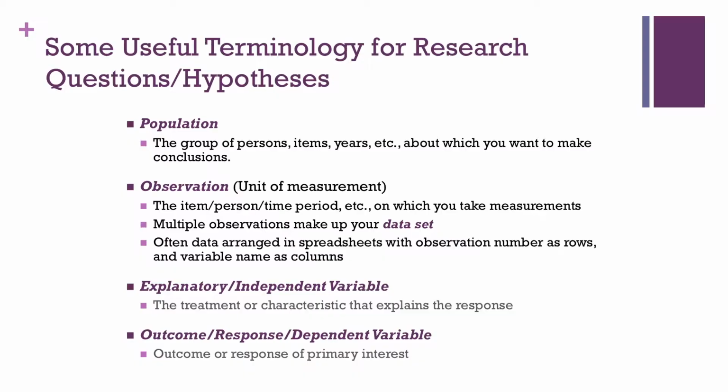So at each green light, I can observe a person in the car and observe how long it takes them to start moving after the light turns green. Multiple observations are going to make up your data set, and often our data are arranged in spreadsheets where your observation is a row in the spreadsheet, and then I may measure multiple items on each observation.